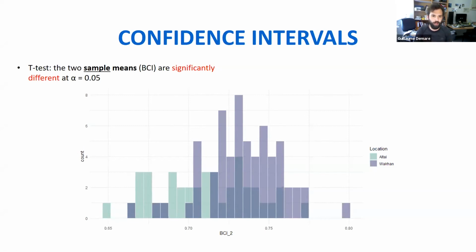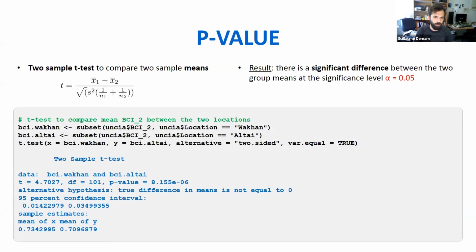So for example, I'm just going to go back a bit. Actually I have it. So for example, the mean BCI for Vacant was 0.773. So this is the sample mean, but the population mean, the larger population, should be around that as well, but it won't be that exactly. So with the confidence intervals, we can say, okay, it will be between maybe, I don't know, 0.71 and 0.75.